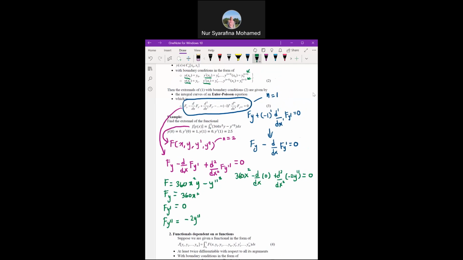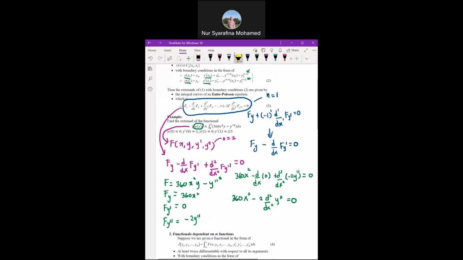Now we are going to solve this. We have 360 x squared minus 0 minus 2 d squared/dx squared of y double prime equals 0. We solve this in order to find our extremal in terms of y(x).